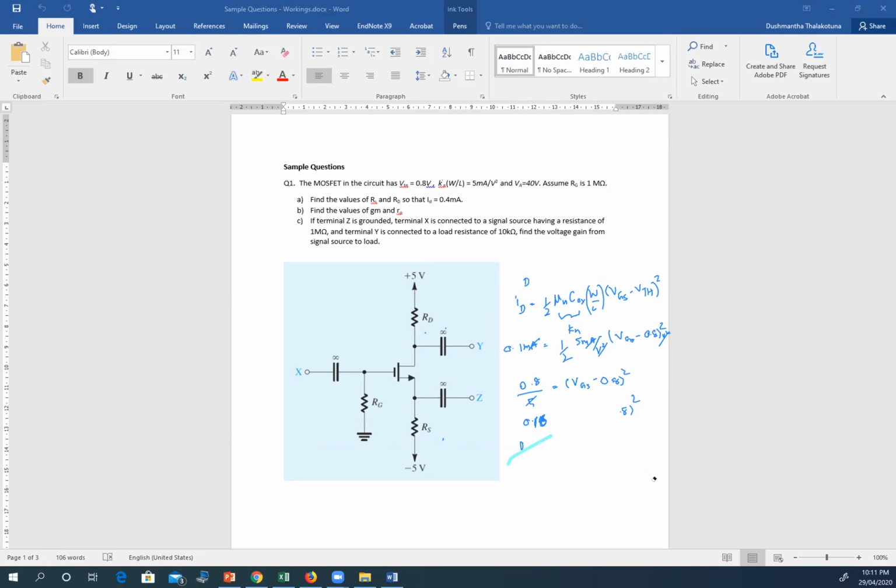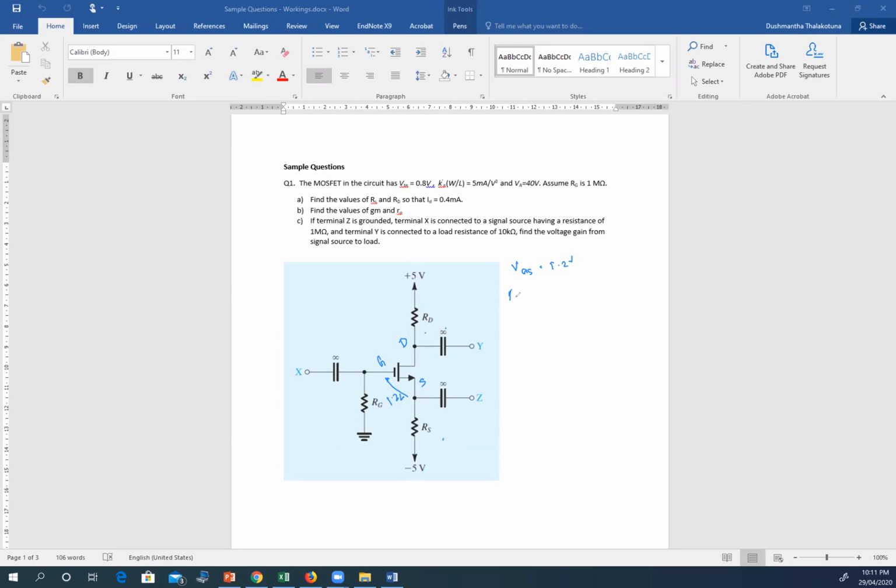Okay, so now what we found so far is VGS is 1.2 volt. So that means this voltage is 1.2 volt. That's great. Drain and the source.